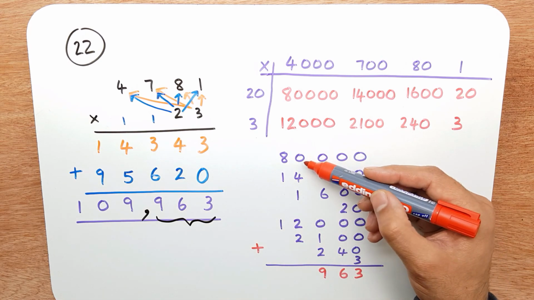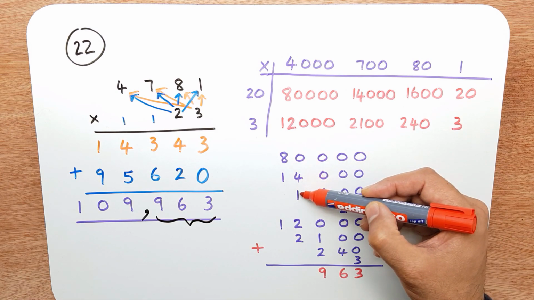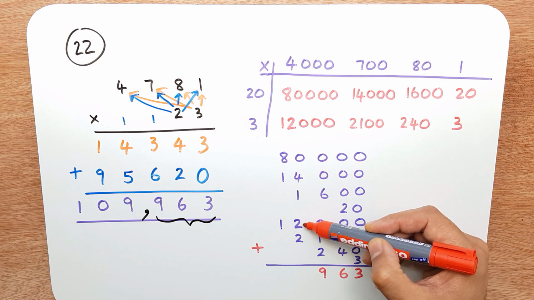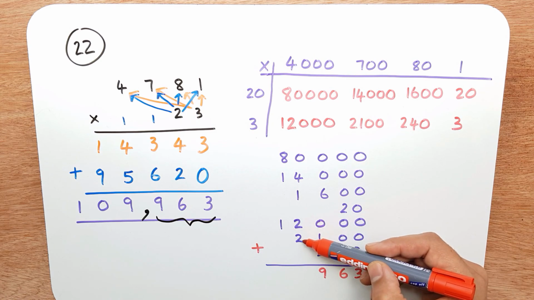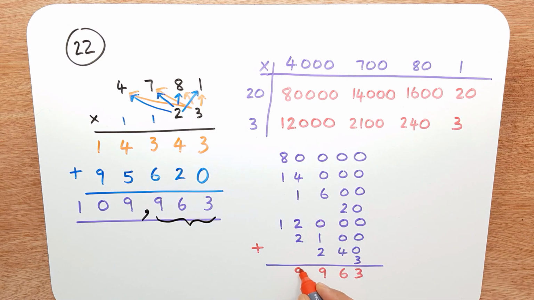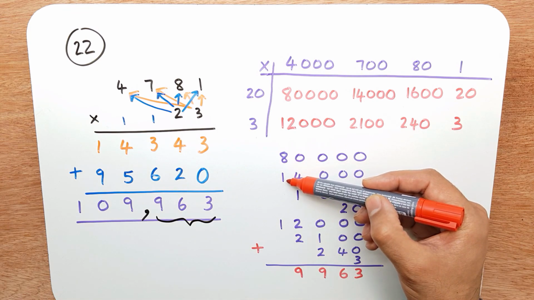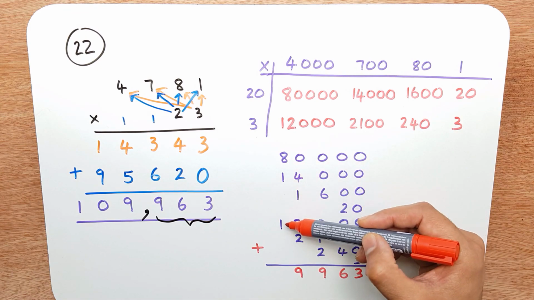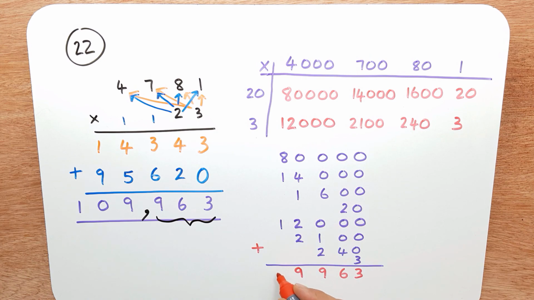Now let's go down the fourth column. 4 add 1 is 5, add 2 is 7, add 2 is 9. 8 add 1 is 9, add 1 is 10. Put the 0 in this column and carry the 1 over to the next column because we've finished. So again, this is our number 1, 2, 3, comma, and it's 109,963, the same as before.